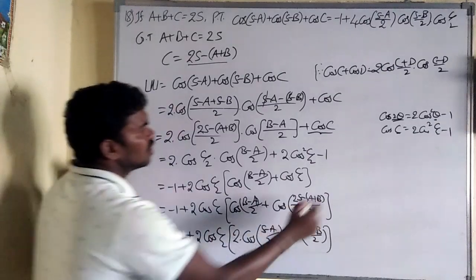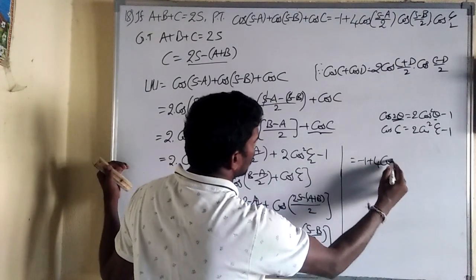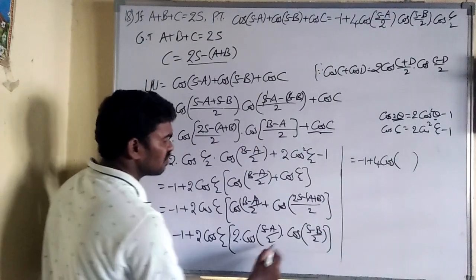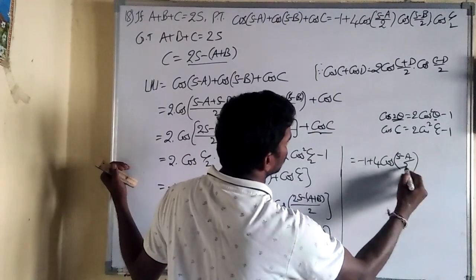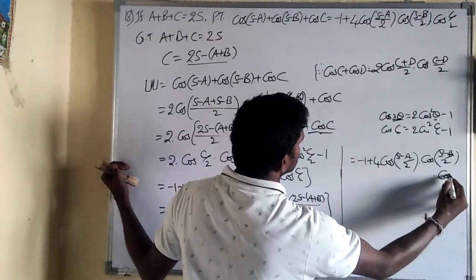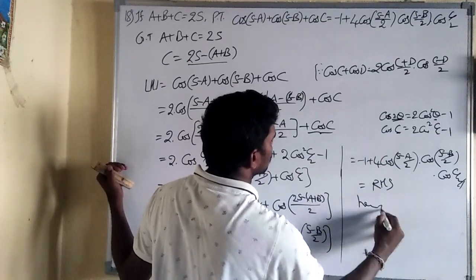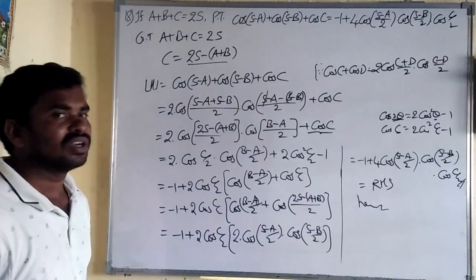So 2 into 2 is 4. So it is minus 1 plus 4 cos (s minus A) by 2 into cos (s minus B) by 2 into cos C by 2, which is equal to the RHS. Hence proved. This is the solution.